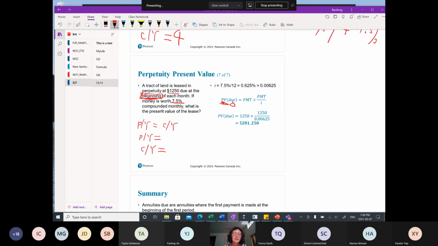So what is PY in this question? Anyone? Type in your answer or directly speak up in the chat area. 12. Fantastic. PY equals 12 because in 1 year you make 12 payments.